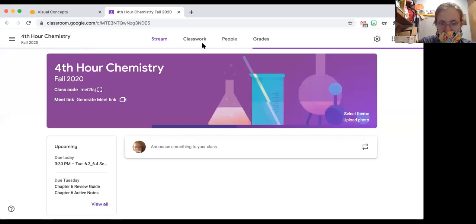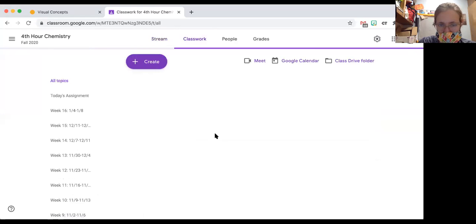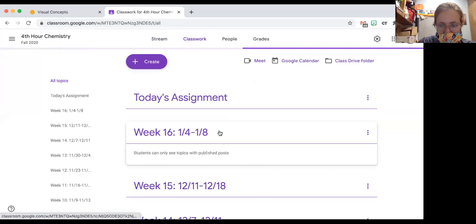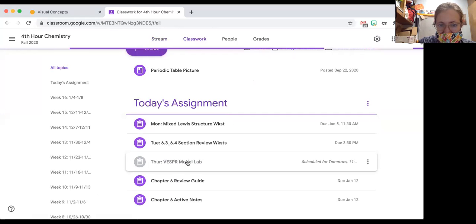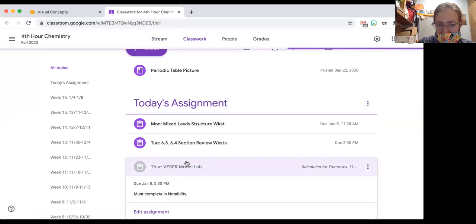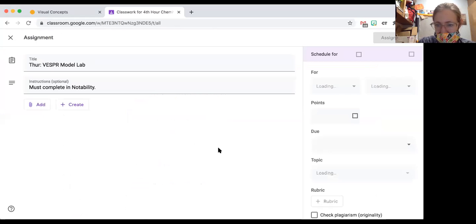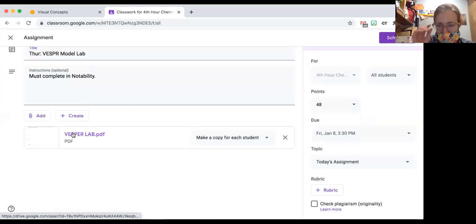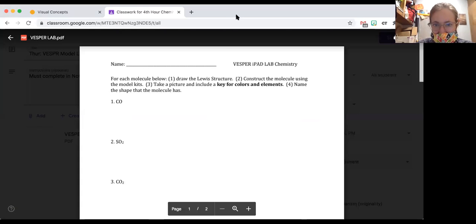It's going to be titled VSEPR Model Lab. You're probably going to have to open it in Notability and do it in Notability because you're going to be taking some pictures to prove that you actually constructed it.